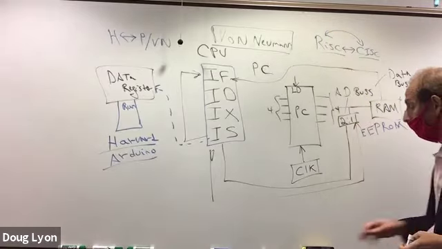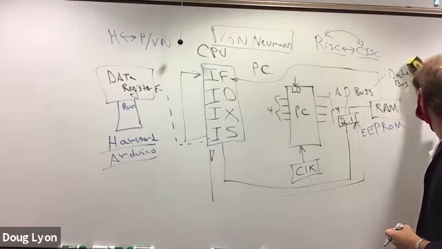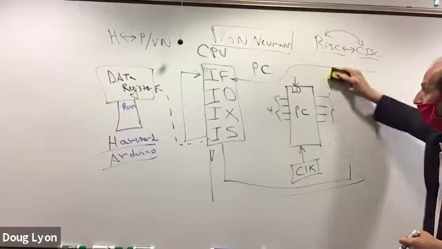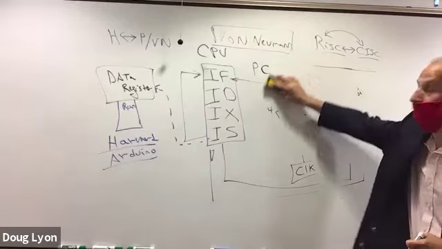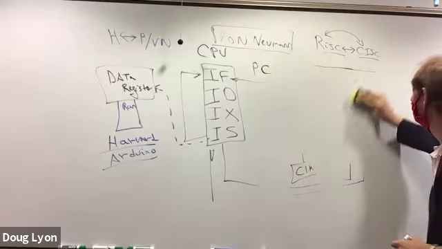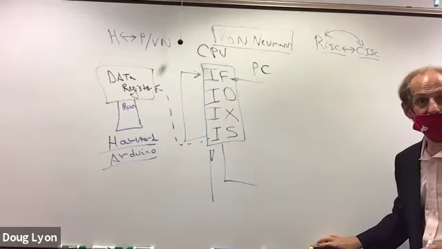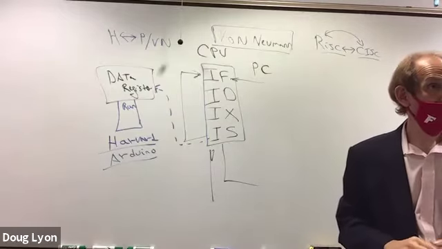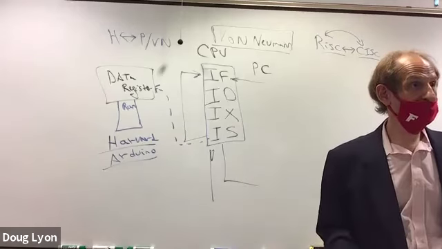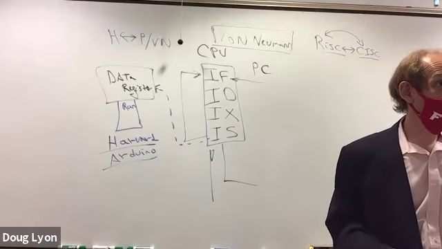Can you think of an example of a RISC machine? Anybody know of any reduced instruction set computers that you may have encountered? How about reduced instruction set computers in this room that are running right now?